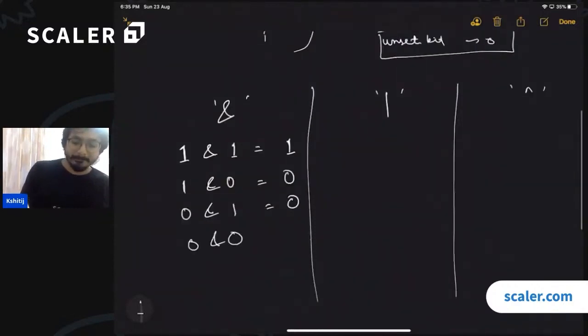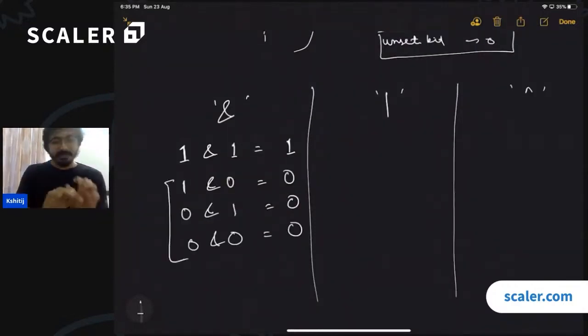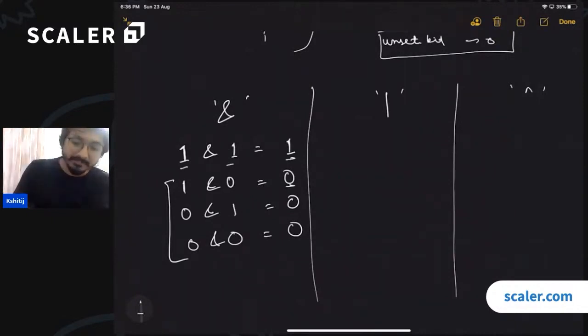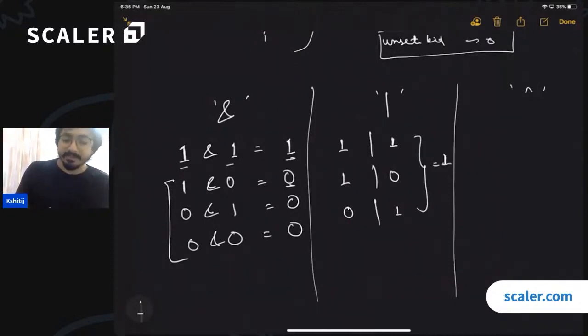If any of the operands is an unset bit, you get an unset bit in the answer. Now the OR is exactly the opposite. OR will give a set bit if any one of the operands is a set bit. For example, 1 or 1, 1 or 0, or 0 or 1, for all of these you will get a set bit. Only if both operands are 0 will you get an unset bit.